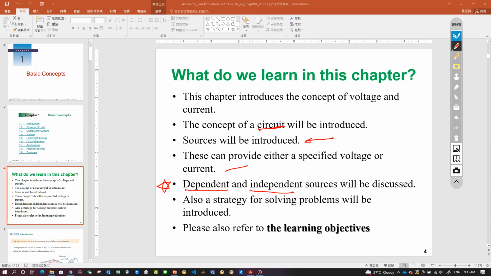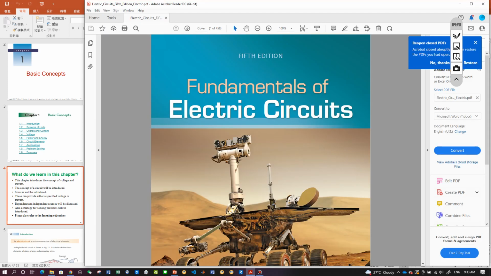The objective itself, I think, is at the end of the chapter, or in the beginning of the chapter. I just roughly introduce this one. For example, right now you can see here.